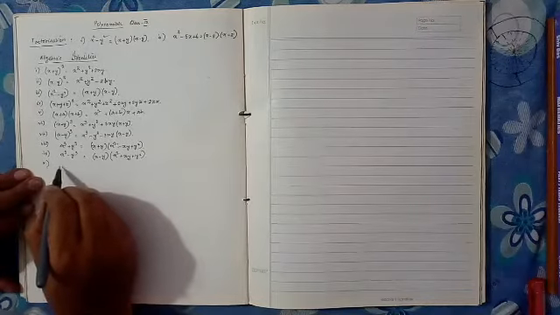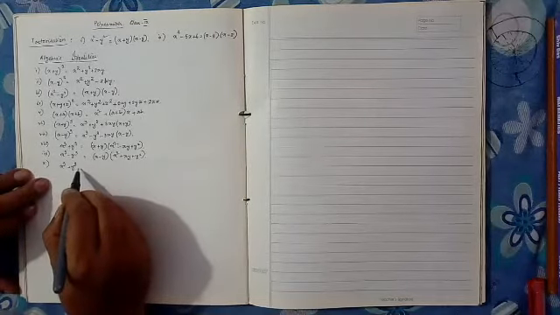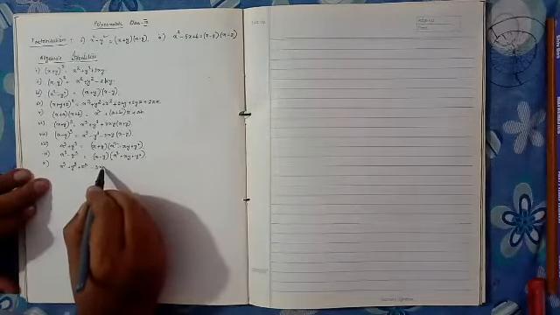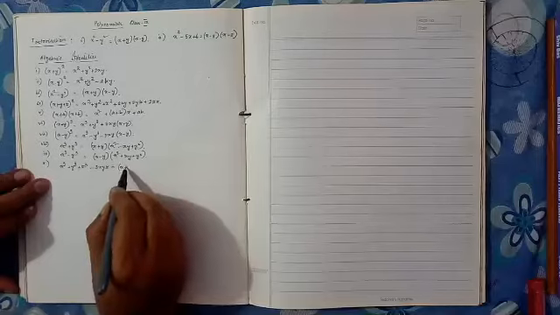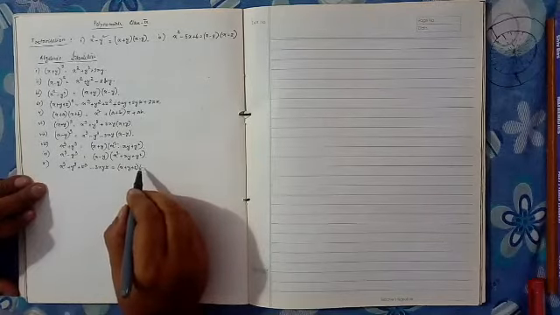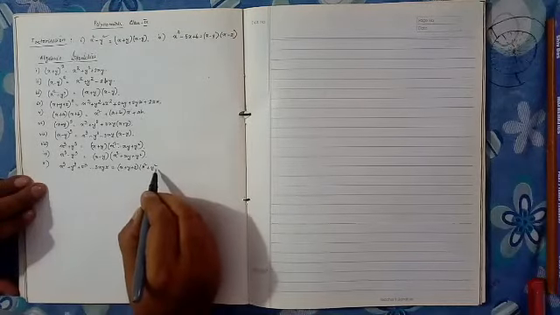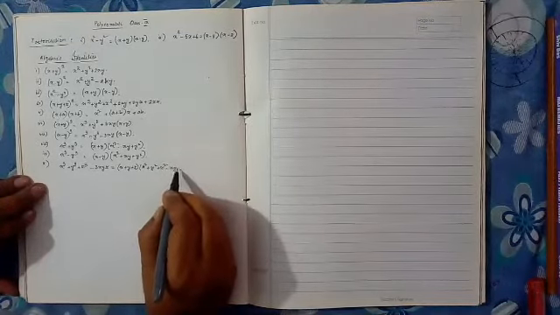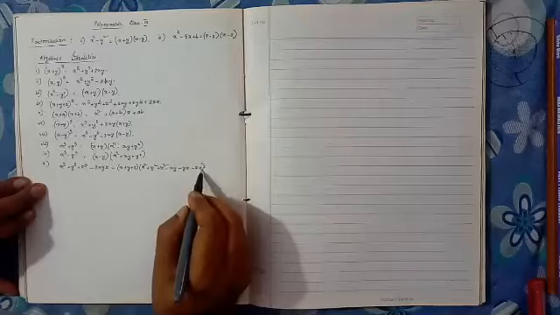And number 10, x cube plus y cube plus z cube minus 3xyz is equal to x plus y plus z into x square plus y square plus z square minus xy minus yz minus zx.